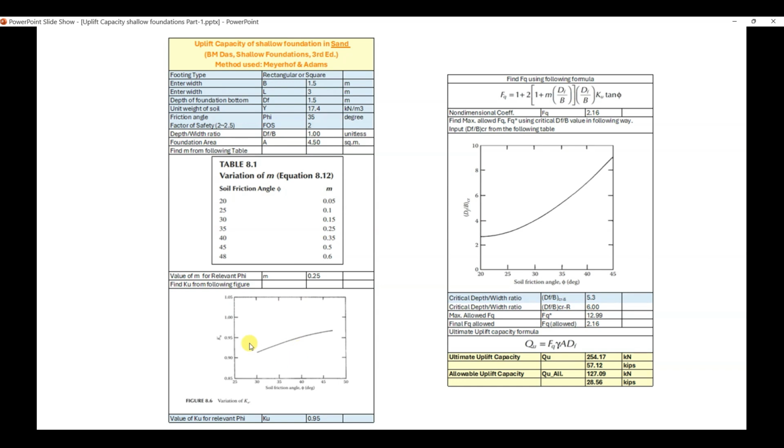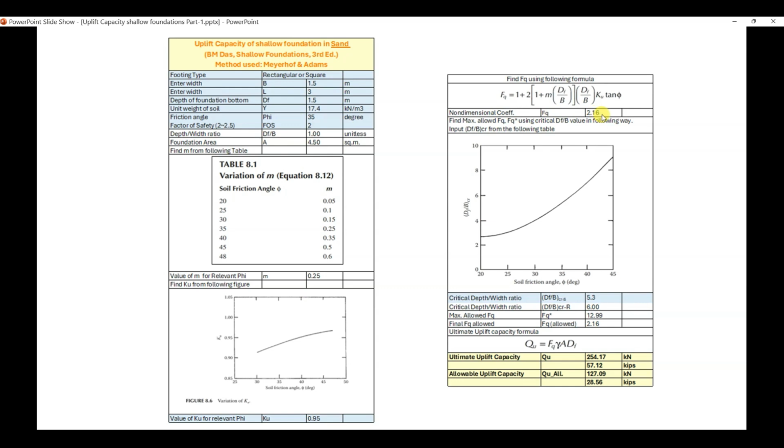For KU, we have already discussed that Braja M. Das suggested using 0.95 for any value of soil friction angle from 30 degree to 48 degree. So we can use 0.95 comfortably here. Putting this data all together into this formula, we end up getting FQ equals 2.16.